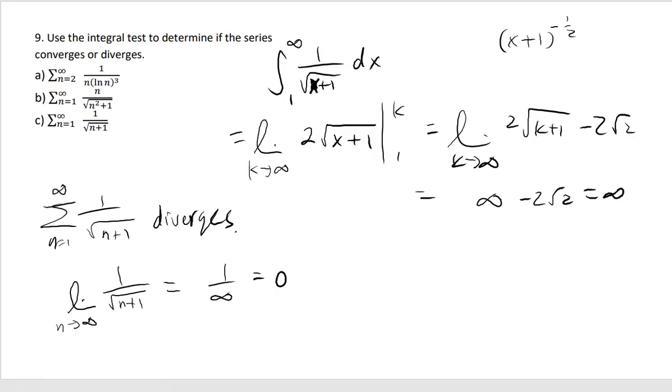So this is again a counterexample to the idea that maybe any sequence that goes to 0, if you add them, is going to converge. Actually, it's not that simple.